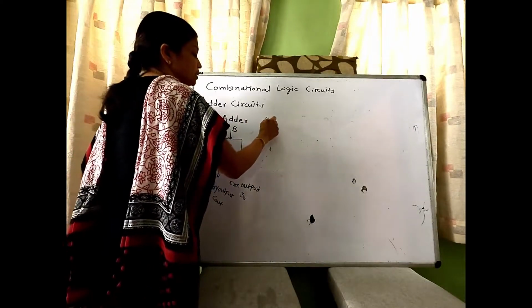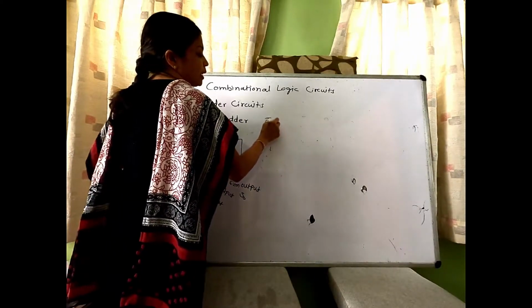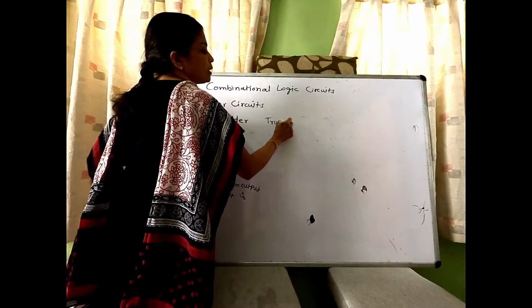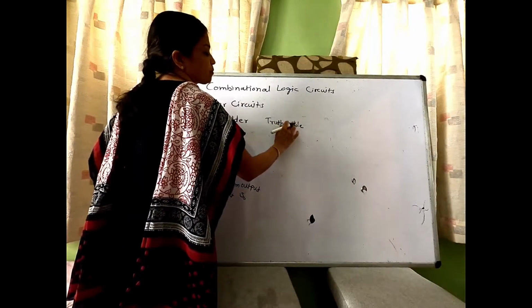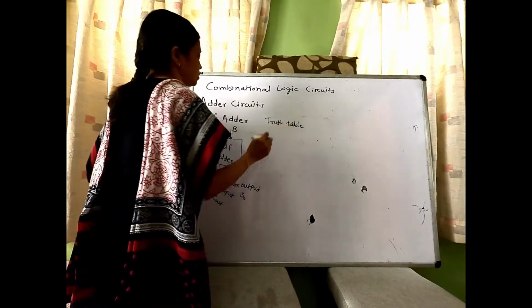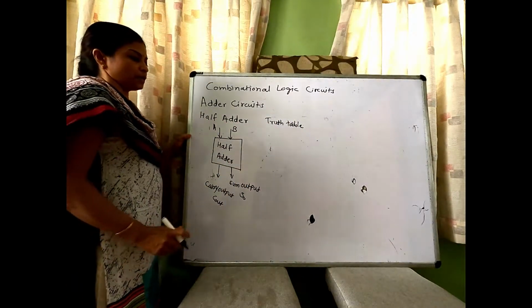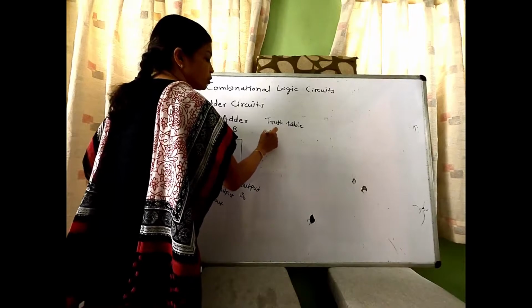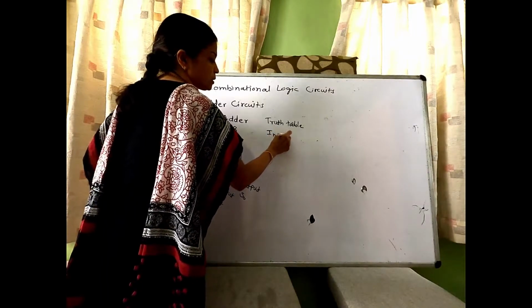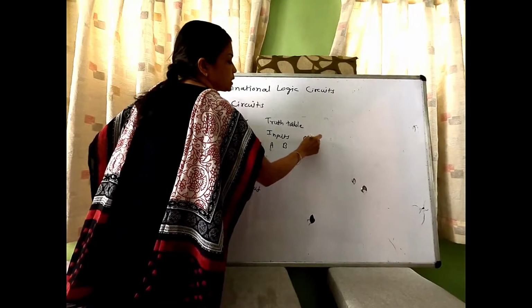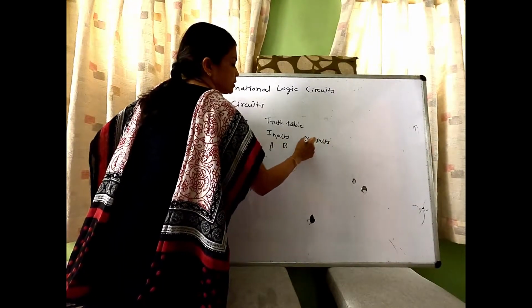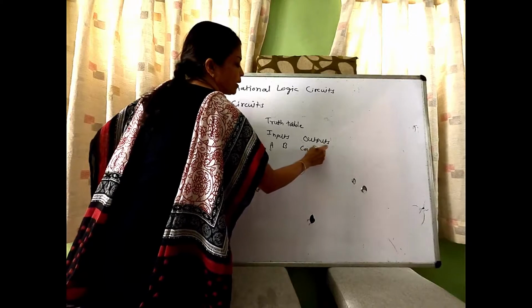So second step, we will write the truth table for this half adder circuit. Inputs assigned as A and B, and outputs assigned as Cout and S0.